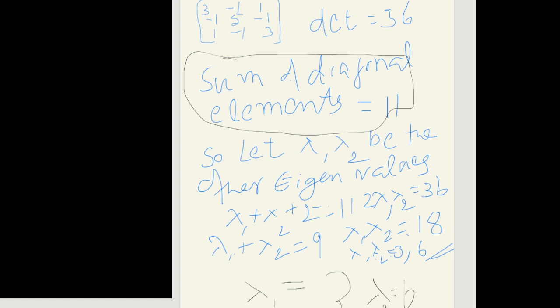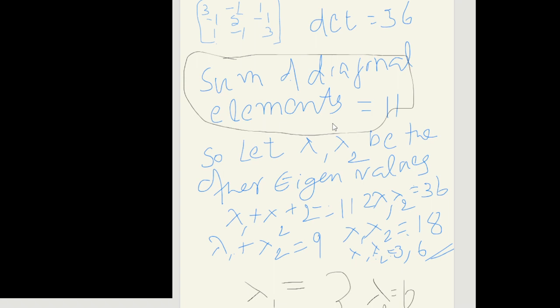So how did we arrive at this solution? First we found the determinant of the matrix, then we found the sum of the diagonal elements. If lambda 1 and lambda 2 are the other roots besides 2, then the sum of the diagonal elements is the sum of the roots: lambda 1 plus lambda 2 plus 2 equals 11.